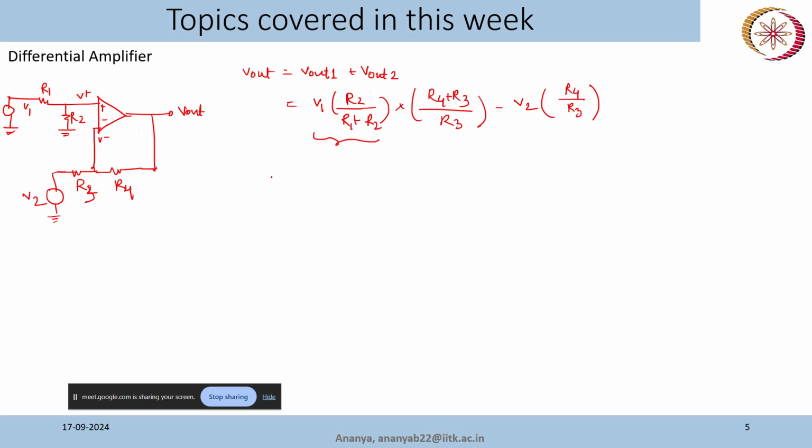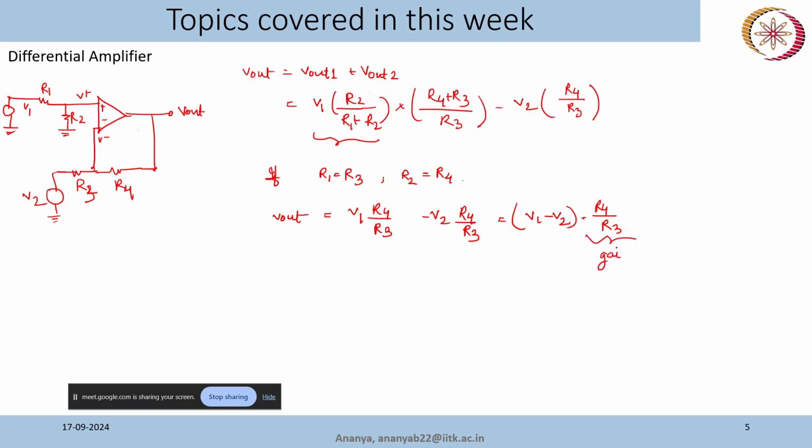Okay, now if R1 is equal to R3 and R2 is equal to R4, so V out will be equal to V1 R4 by R3 minus V2 R4 by R3. That means V1 minus V2 times R4 by R3. Okay, so in this case this is the gain for this differential amplifier.